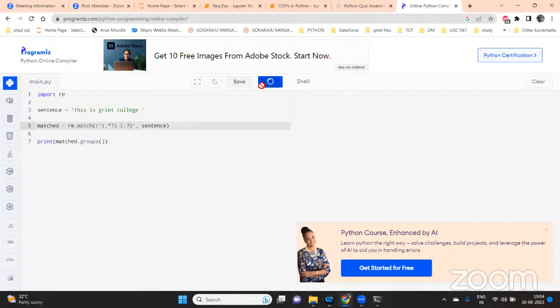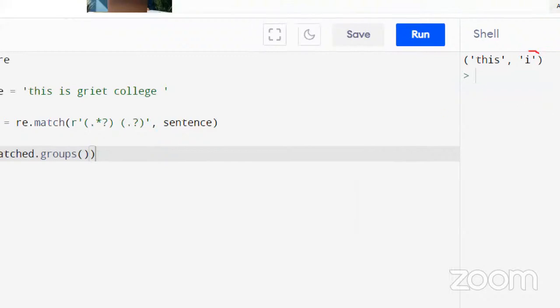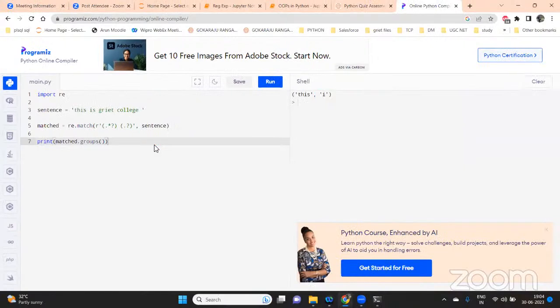So how to frame this regular expression is an important skill. Now I removed two question marks and made it only one question mark. So why is it giving me only I in the second one? Here you can observe it is giving me I as the output. Can anyone tell me why only I? What is this particular regular expression doing?